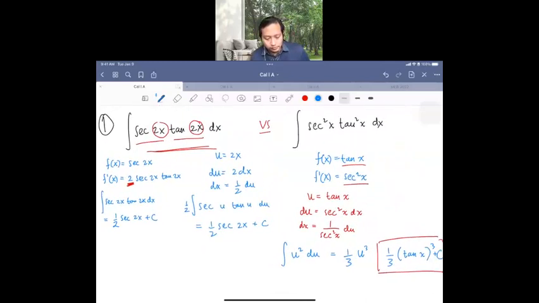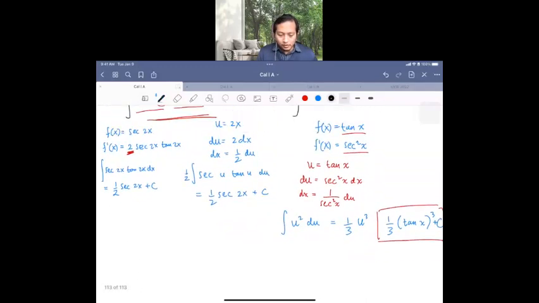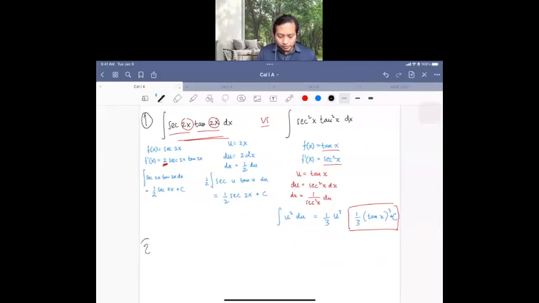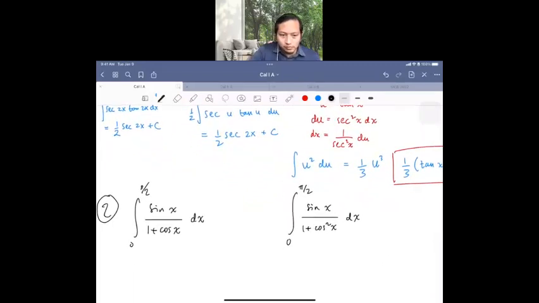Okay, let me give you another one. So this one, for 2, and the second equation. Okay, which one is easier?